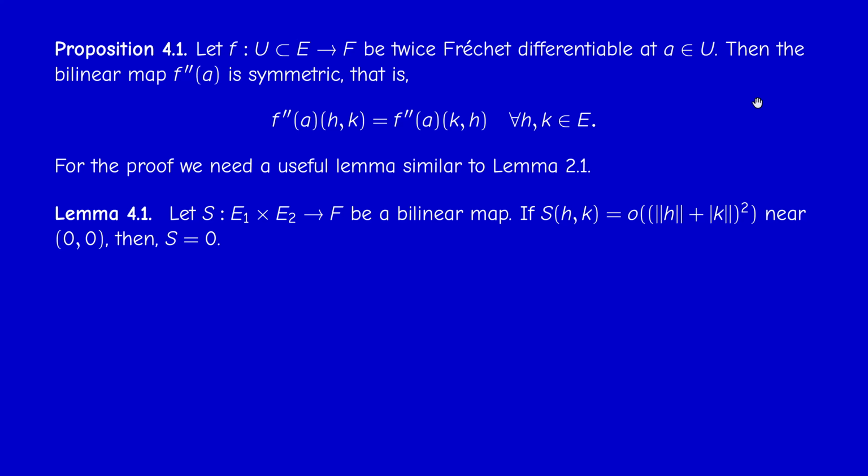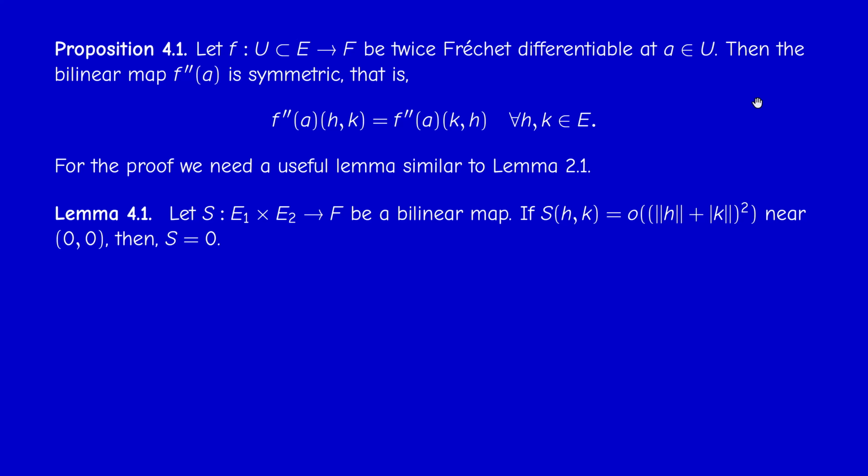And we have something similar if S is a bilinear map, not necessarily on the same space, but we'll apply it for a bilinear map on a product of two identical spaces.